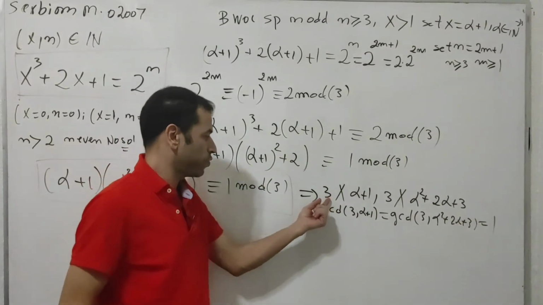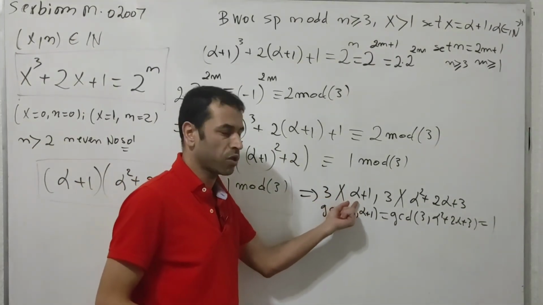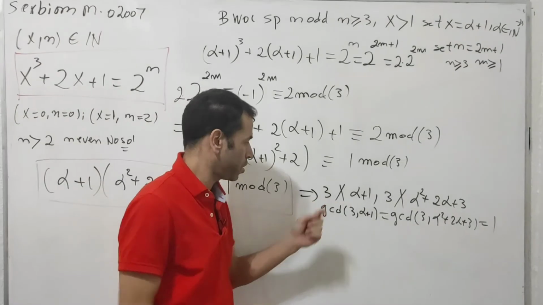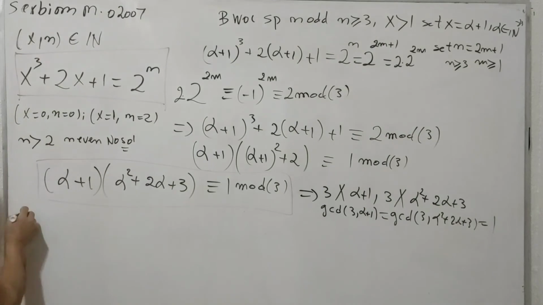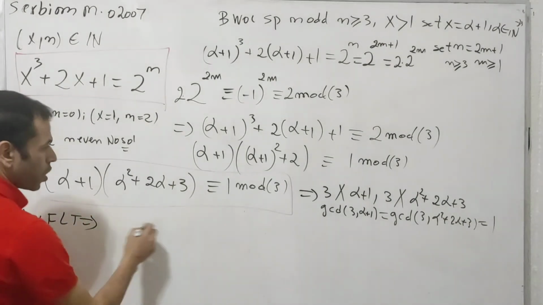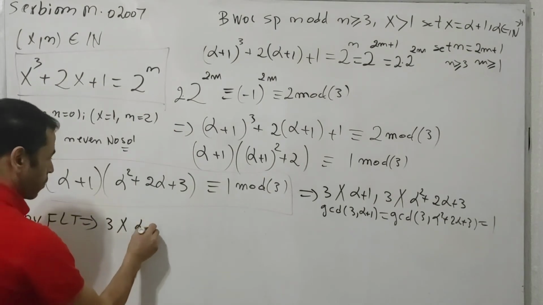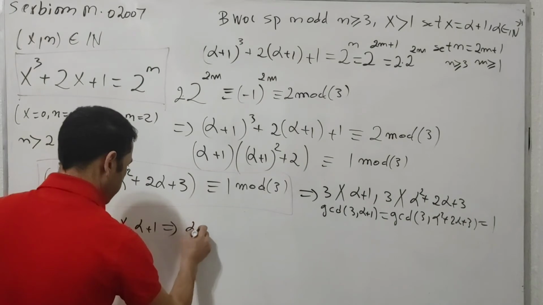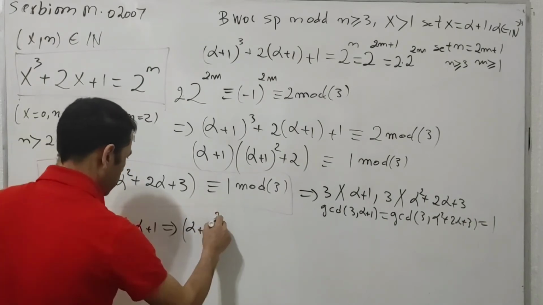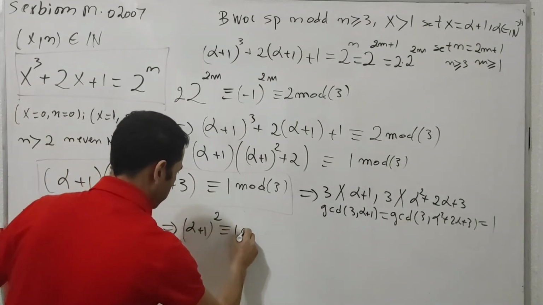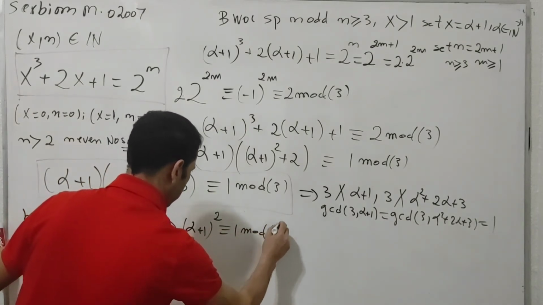What do you know about it? If 3 does not divide alpha plus 1, 3 is a prime. Now we are allowed to apply Fermat's Theorem here. So by Fermat's Theorem, we have 3 does not divide alpha plus 1 implies alpha plus 1 squared is congruent to 1 mod 3, because we have p minus 1, 3 minus 1 is 2.